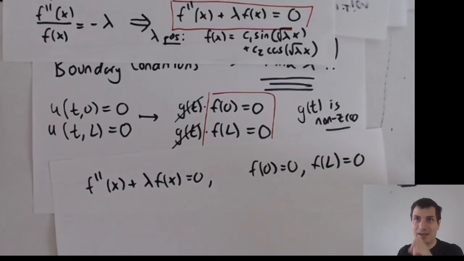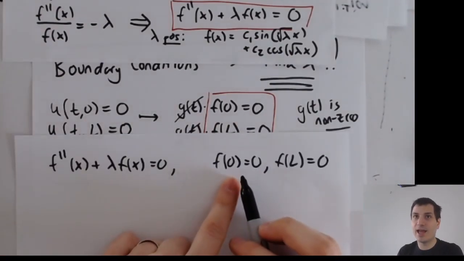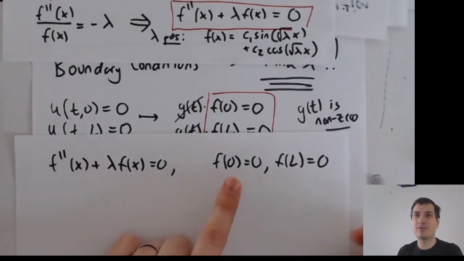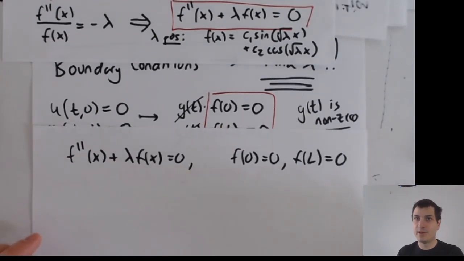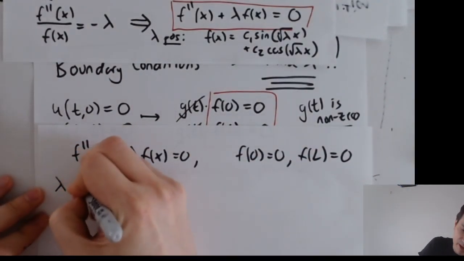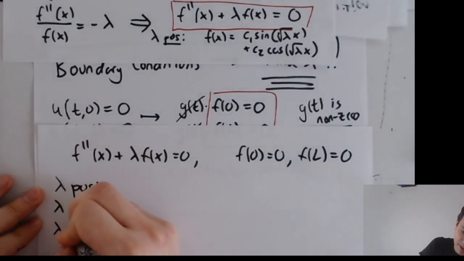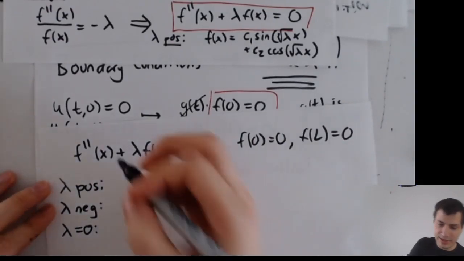And I want to point out that we've sort of done this already. So if f of 0 equals 0 and f of L equals 0, let's do it this way. I'm going to say there's three cases. There's lambda positive, lambda negative, and lambda equals 0. Let's write them all down.